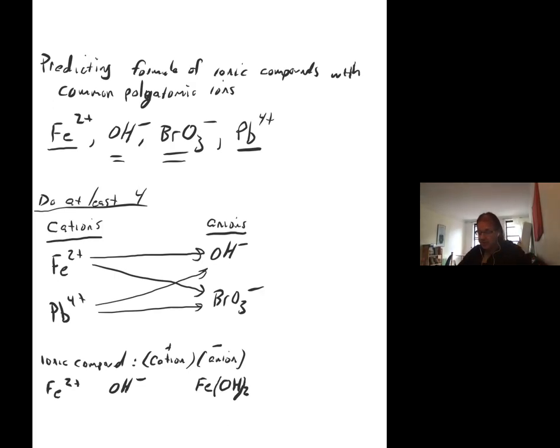We mean that we have 2 of the hydroxides because we have to have 2 negatives, right? Remember, we're balancing the charge. So 2 negatives balances the positive 2. So make sure you put parentheses. If you have more than 1 polyatomic ion, put parentheses around the polyatomic ion and then put the number after the parentheses. So same thing, iron and bromate.